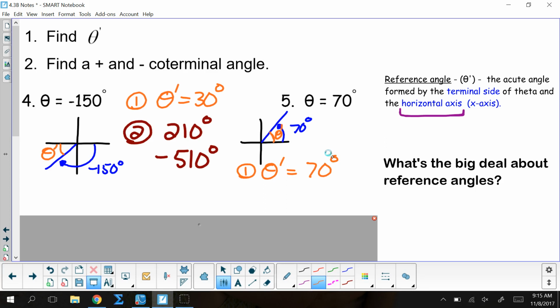Quadrant 1 is its own reference angle. Okay? A positive coterminal angle here, if I add 360 degrees, would be 430 degrees. A negative coterminal angle there would be negative 290 degrees. With me? Questions on any of those?